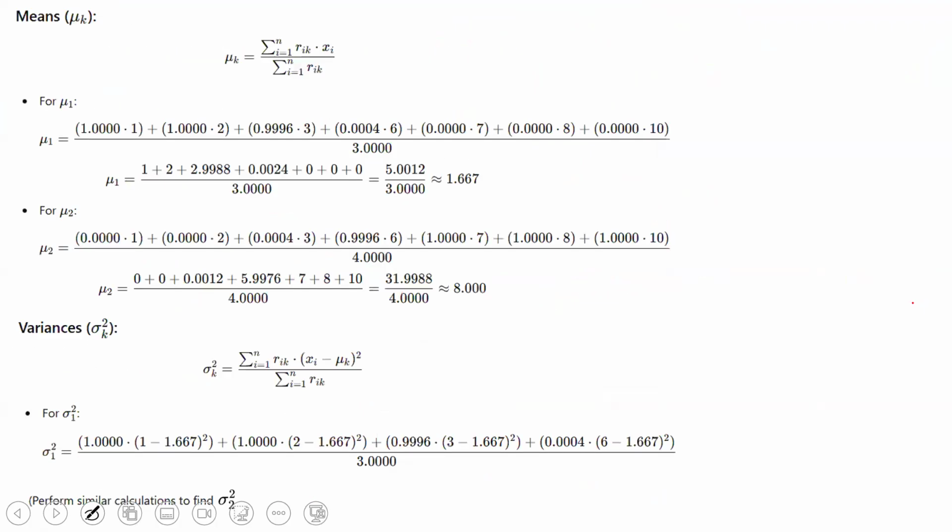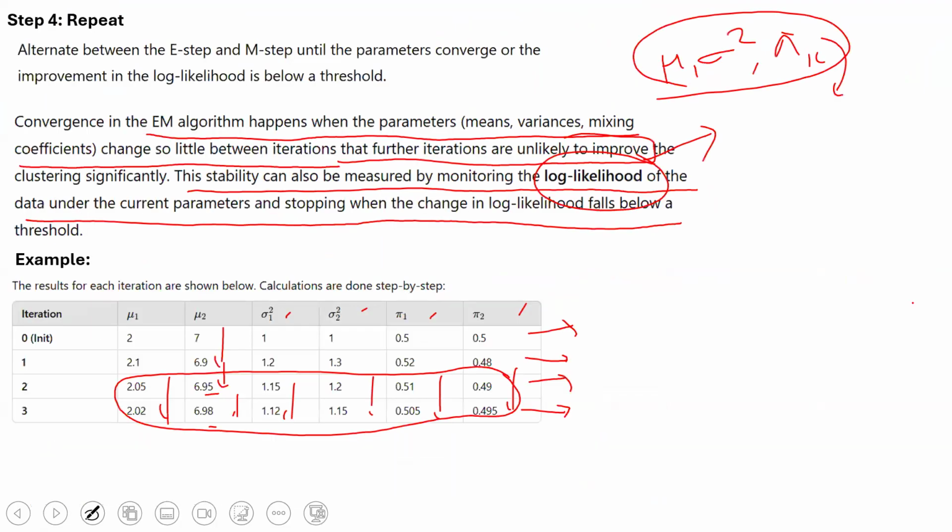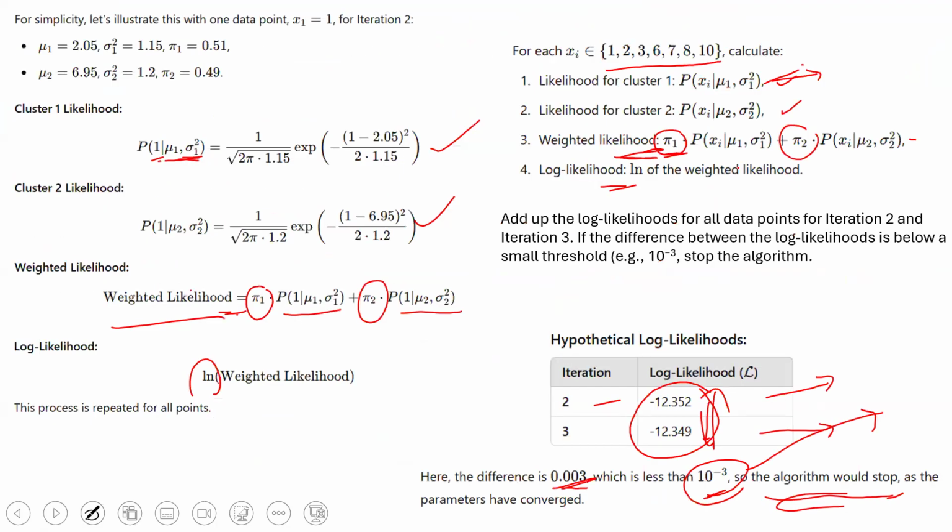Either the parameters have to converge, or at least the log likelihood should converge. So now you understand what log likelihood is. The stability can be measured by monitoring the log likelihood of the data under the current parameters, and when the log likelihood has converged, we can terminate the process. So here the log likelihood has converged, and we can terminate the process.